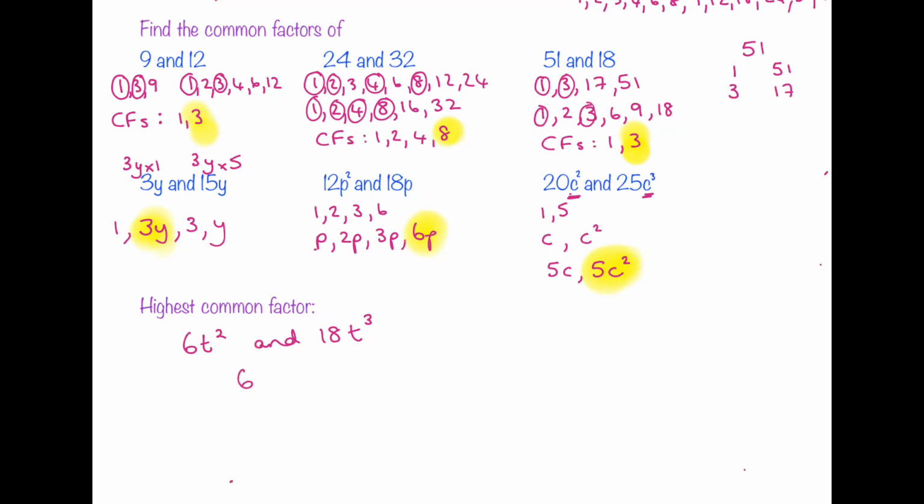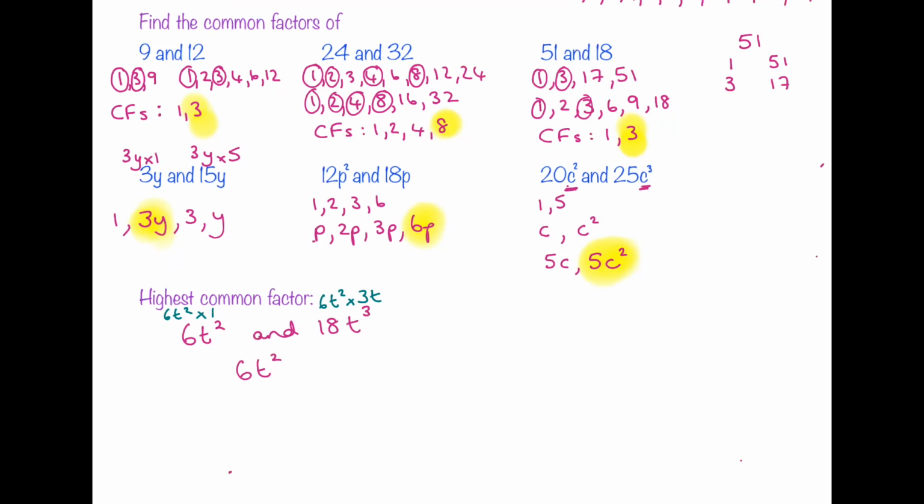And the biggest thing that goes into t squared and t cubed is t squared. So the highest common factor of 6t squared and 18t cubed is 6t squared. Okay, so the partner of 6t squared in 6t squared would be 6t squared times 1, remember? And to get 18t cubed, 6 would need to be multiplied by 3 to get the 18, and the t squared would need to be multiplied by t to get the t cubed.